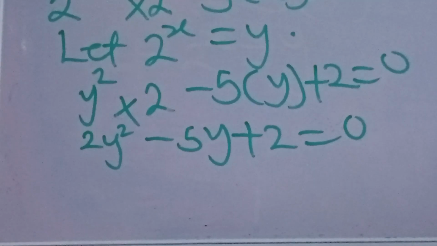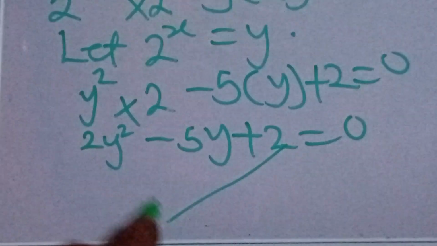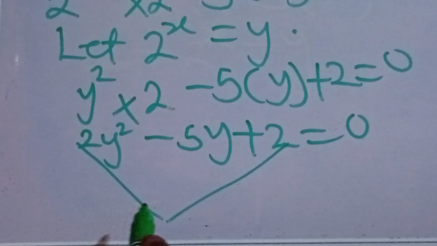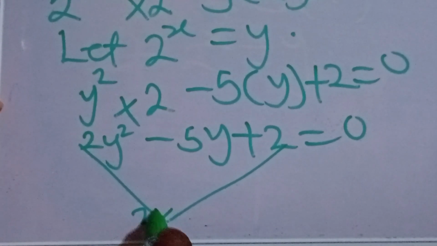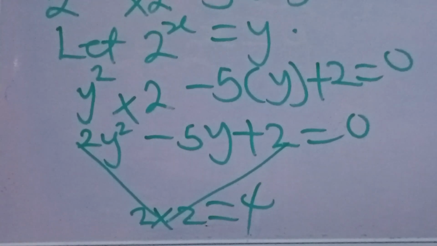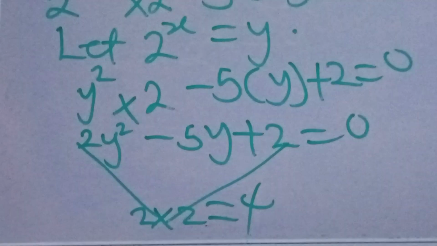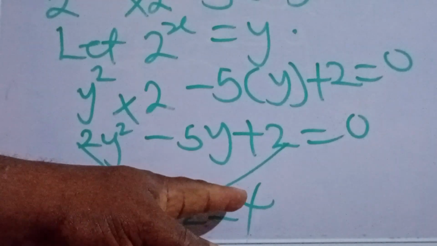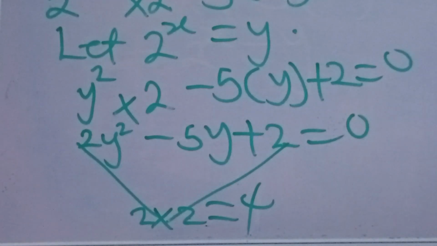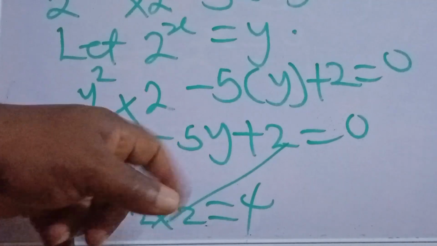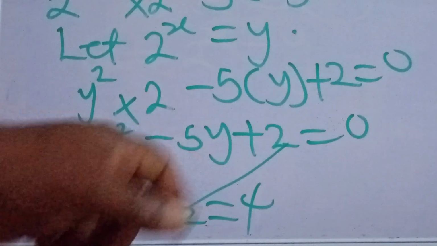And how do we solve it? This times this, that's 2 times 2 equals 4, which is positive 4. We are looking for 2 factors. When we multiply the 2 factors together, it will give us positive 4, and when we add them together, it will give us minus 5, that is the coefficient of y.